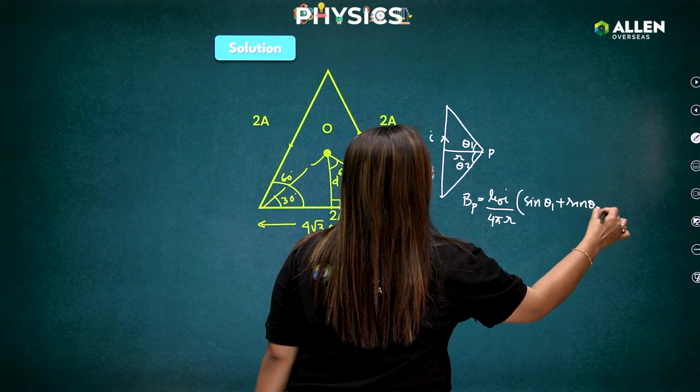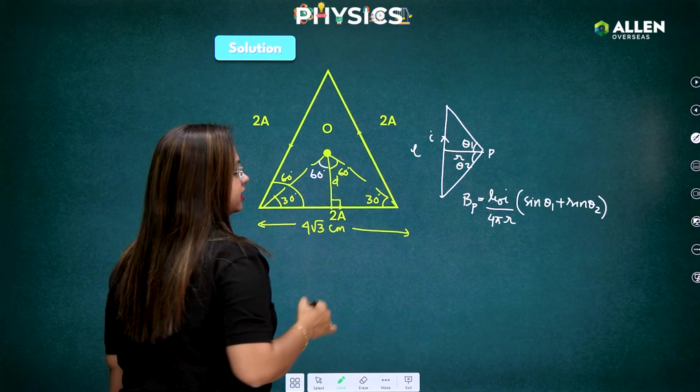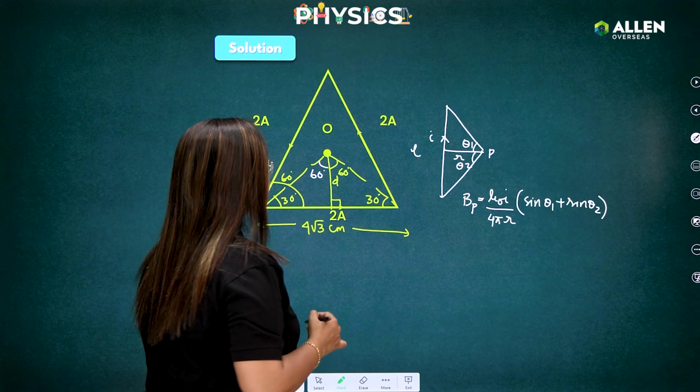So we can clearly see here that theta 1 and theta 2 are equal, that is 60 degree and 60 degree.